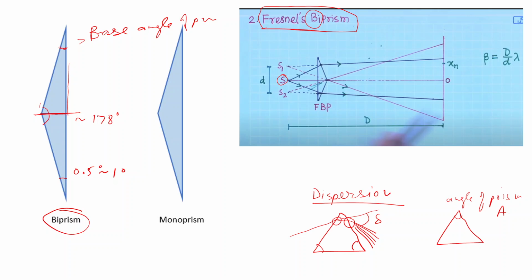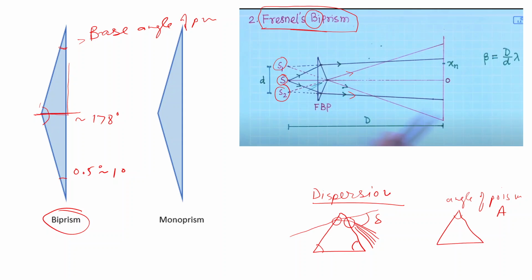If I extend this also, and the center one which is going straight reaches O. So when I extend these at the back, these two will seem to be coming out from source S1, and these two will seem to be coming out from source S2.